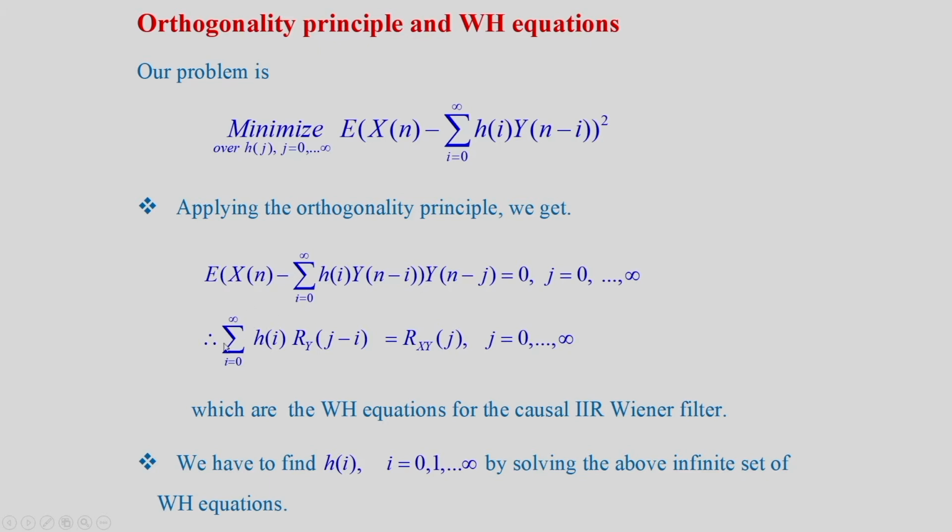Therefore, we will get the Wiener-Hopf equation, that is given by summation h_i into r_y of (j minus i), i going from 0 to infinity, that is equal to r_xy of j for j equal to 0 to infinity. So, we have got the Wiener-Hopf equations corresponding to causal IIR Wiener filter. Now, we have to solve this infinite set of equations to find out h_i for i equal to 0 to infinity.